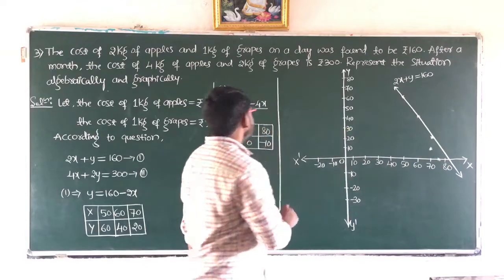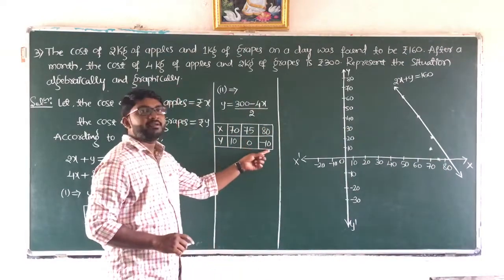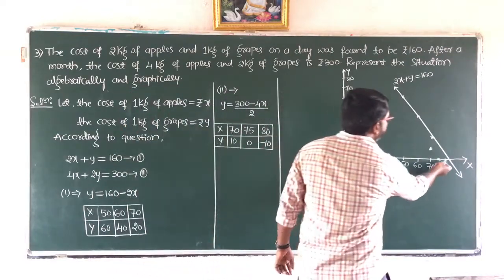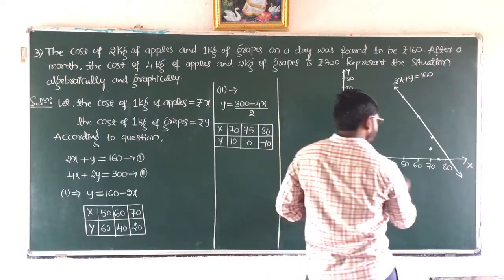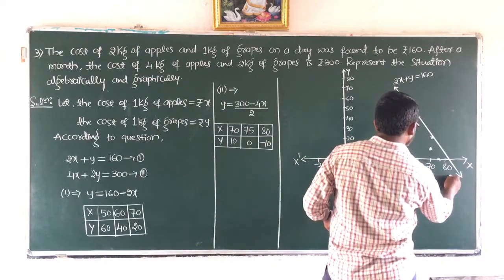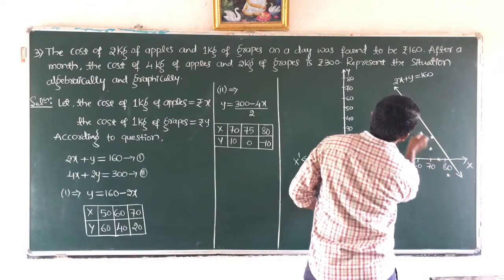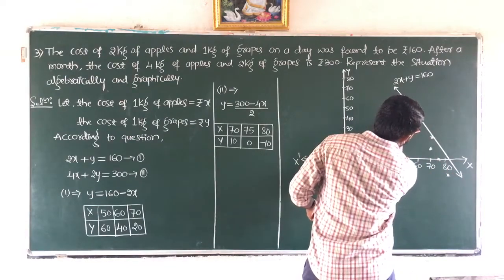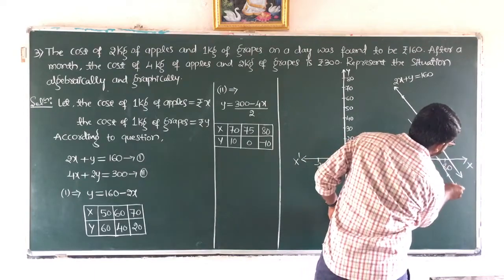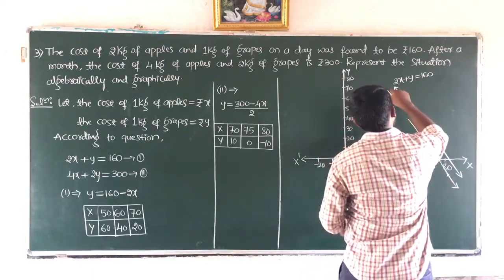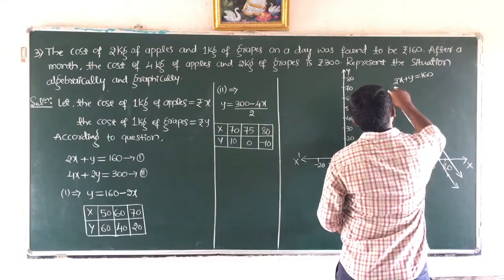Then x 80, y will be minus 10. So here we get the point. Now we have to join these 3 points with a straight line and extend it in both directions. So this is the line for the second equation.